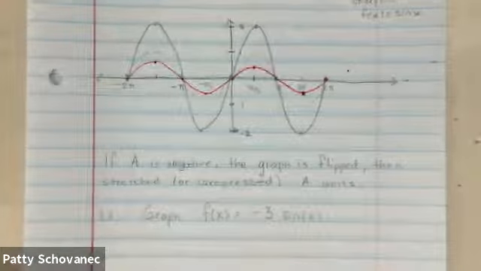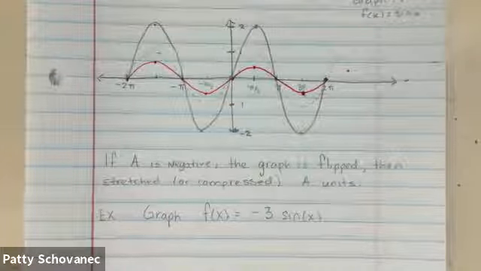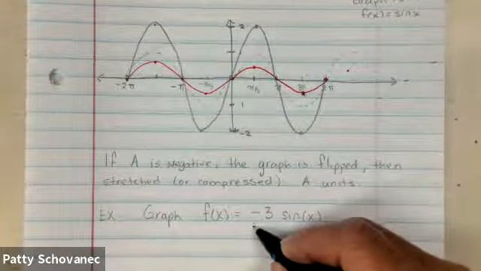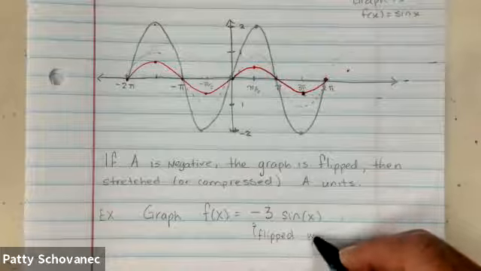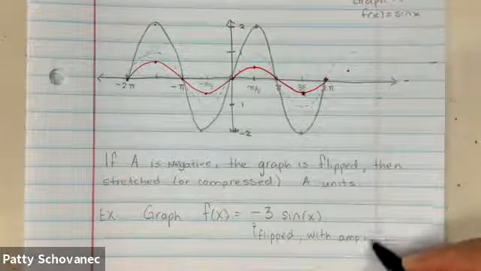So the minus sign says flip it, and the 3 says make the tallest and lowest points at 3 and -3. So it's flipped with an amplitude of 3.